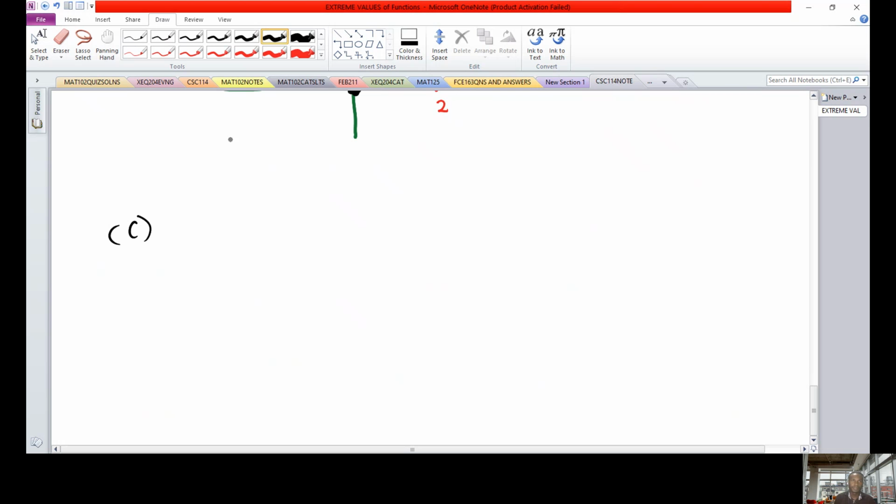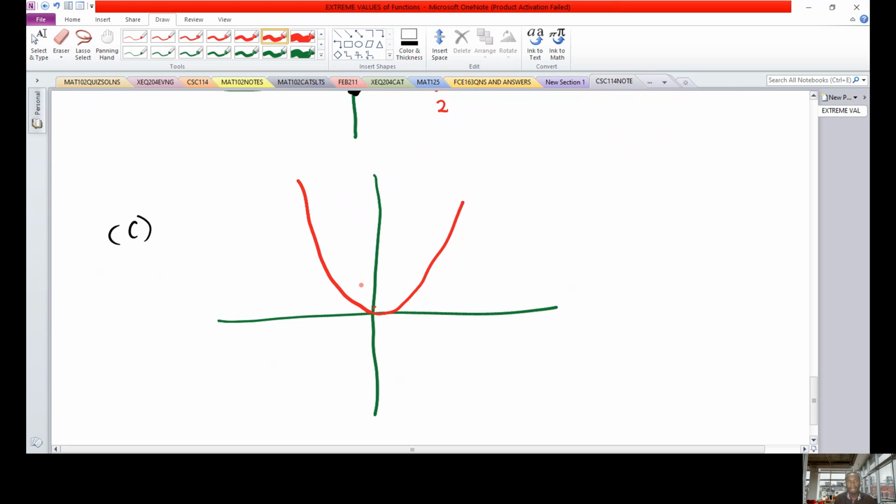Okay, C, we have the same graph, but at this point here, remember we have a hole. Let's draw it properly.